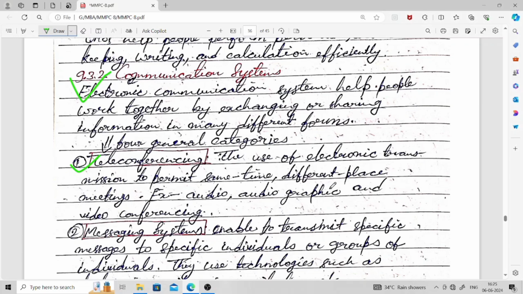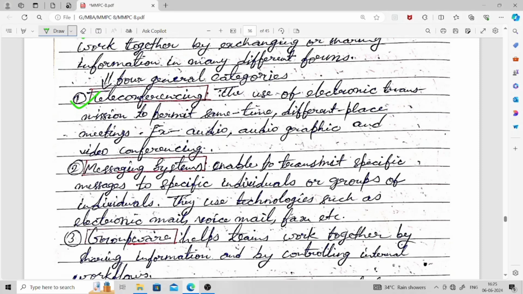Then the second kind of communication system given here is the messaging system. A messaging system enables transmitting a specific message to specific individuals or groups of individuals. So we can share a specific message with some people or a group of people.